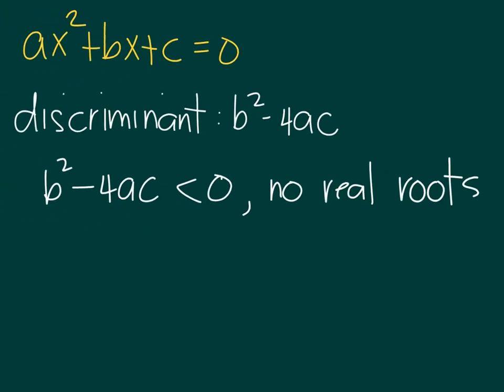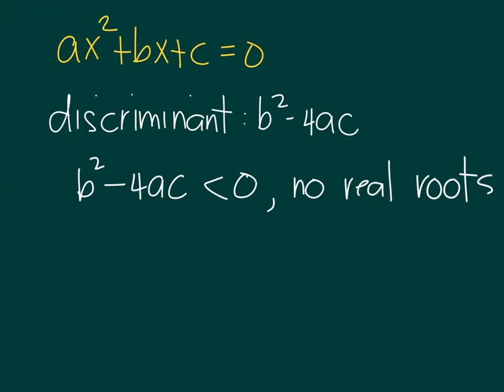For example, if you got b squared minus 4ac equals negative 2, then we could conclude that there are no real roots.